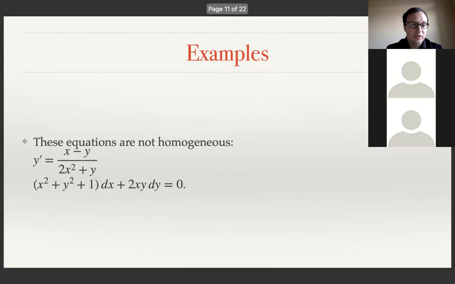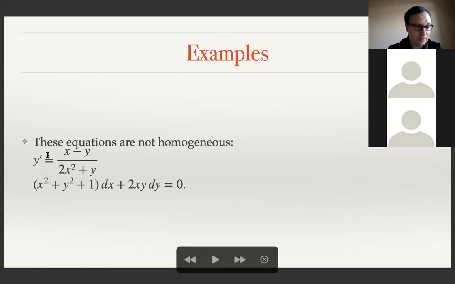Right, so these are some equations that are not homogeneous, just to tell the difference. So y prime is (x minus y) over (2x squared plus y). Here the numerator, x minus y, is a homogeneous function of degree 1.